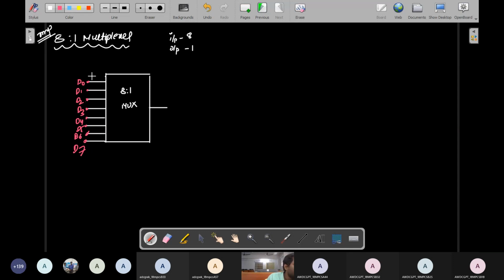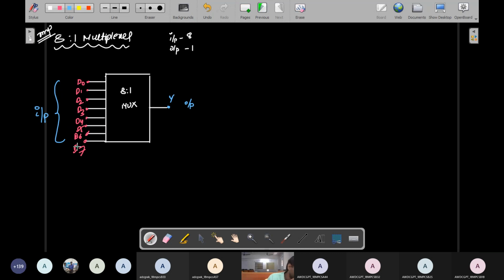So the inputs run from 0 to 7. So 0 to 7 means these are 8 input lines. So this is the 8-input circuit, and this is the output Y. Okay, so this is the output Y. So this is what the 8:1 multiplexer is.